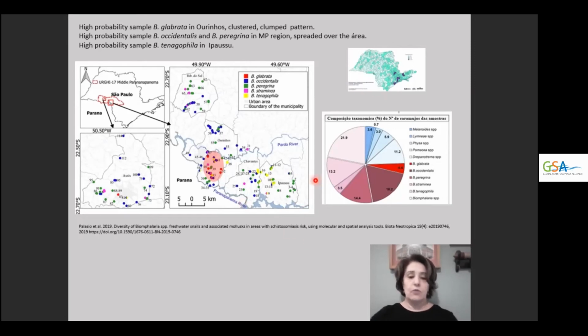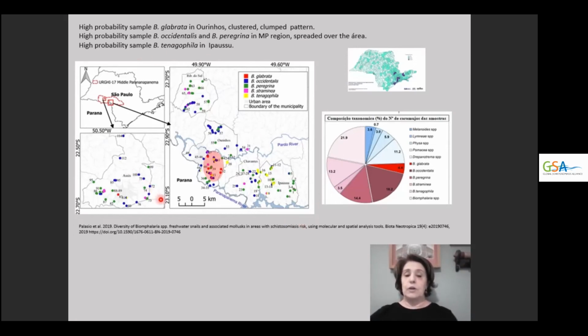It's interesting also to notice the distribution of Biomphalaria tenagophila. In the last years, in the surveys in the region, we could find Biomphalaria glabrata in many other sites. Today, we found Biomphalaria tenagophila just in Ipaúçu, more frequently in Ipaúçu, and it's a thing that had changed a lot.